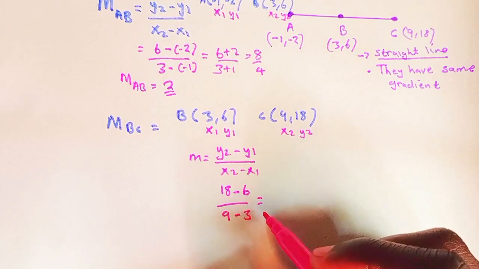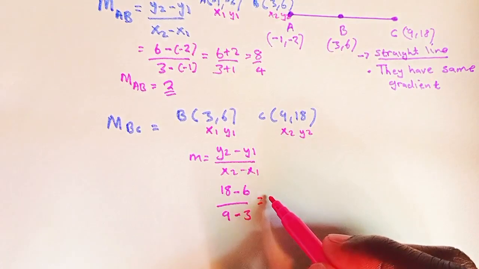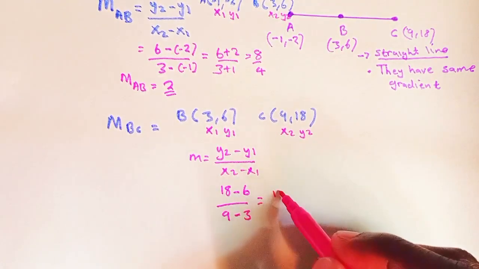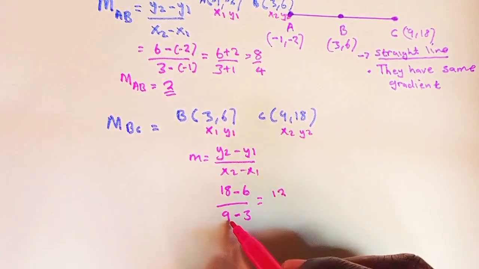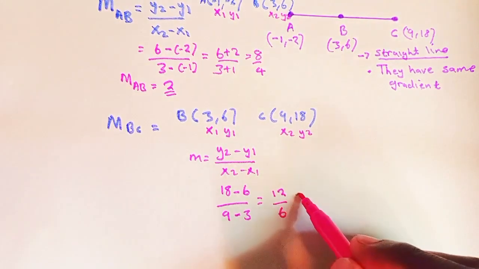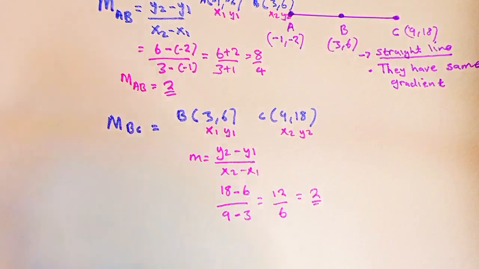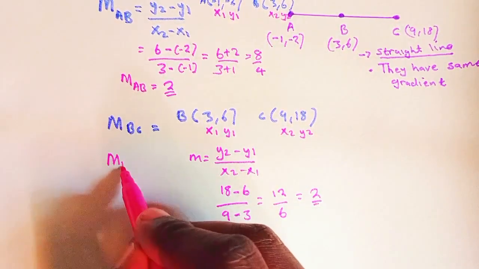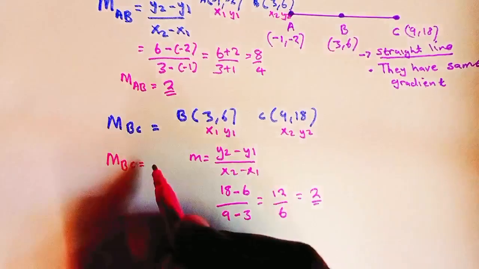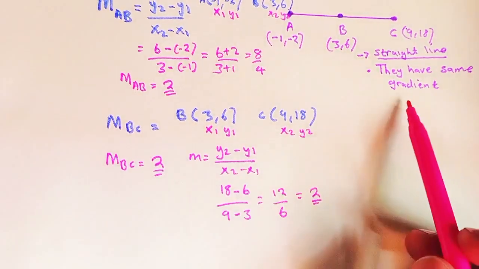Then 18 minus 6 gives us 12, and 9 minus 3 gives you 6. And what do you get here? 2. So the gradient for BC is 2.